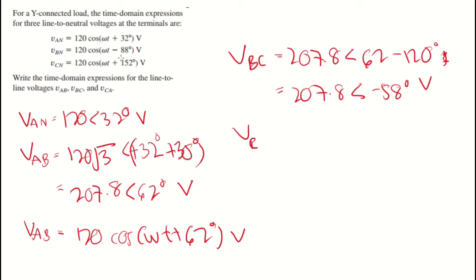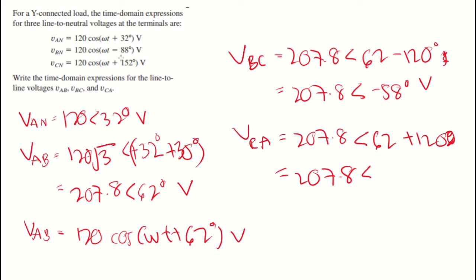And VCA will be the same. We have a difference of plus 120. So this one you will get 207.8 angular 62 plus 120, which is 182 degree volt.